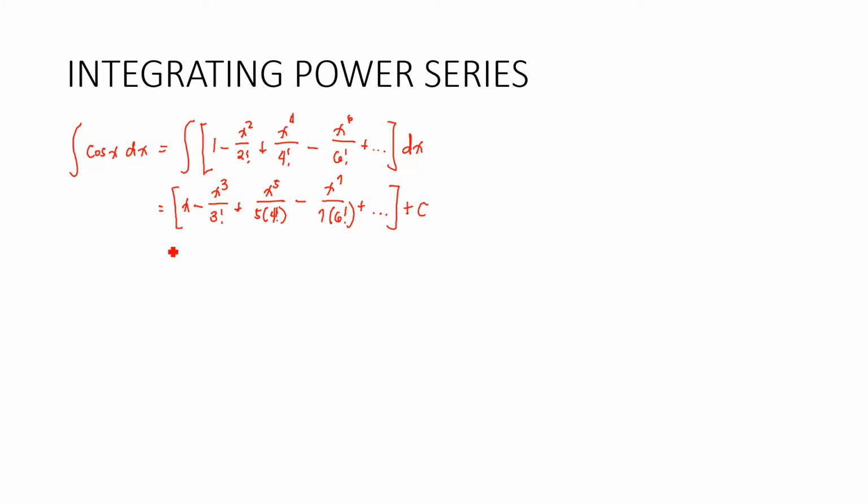So in this case, we have x minus x cubed over 3 factorial plus x to the fifth power over 5 factorial minus, it should be minus.